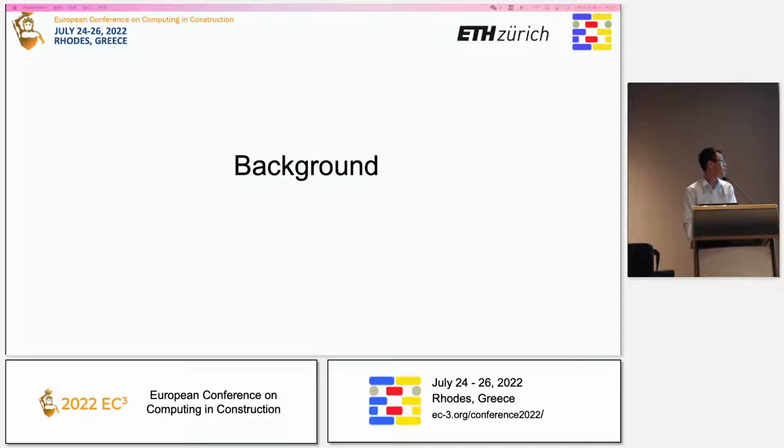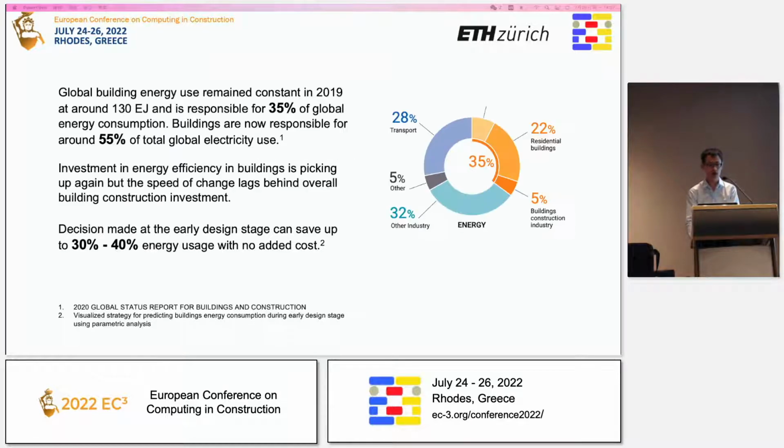So let's start. Let's look a little bit at the research background. Everyone knows the building industry is responsible for 35% of global energy consumption. That is also to say that this industry has much potential to reduce energy consumption. Investment in energy-efficient building design is increasing, but still lags much behind other building construction investment.